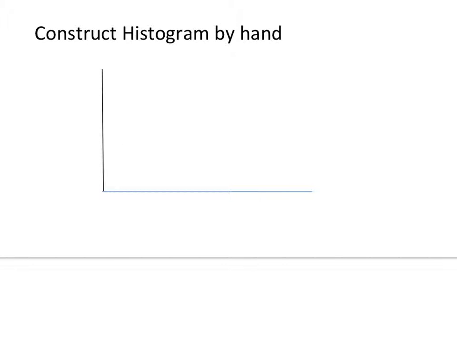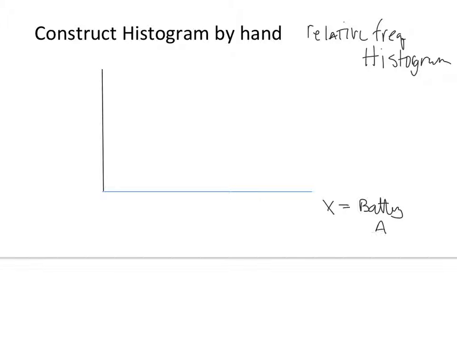So in creating the histogram, and this is going to be a relative frequency histogram, we will do the x variable first. X is equal to batting averages. I hope this comes out a little clear for you. We are going to start out at the first interval, which in this case is 0.18, and we're going to move up by the class width.